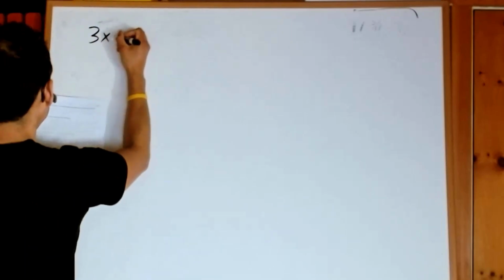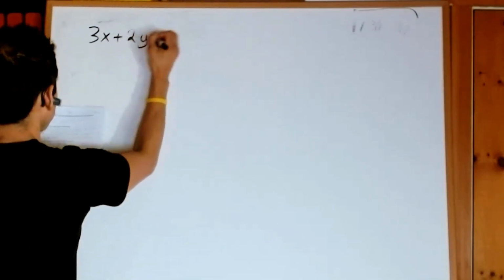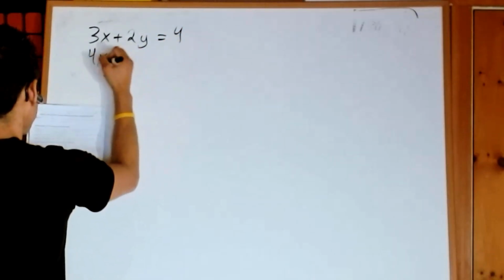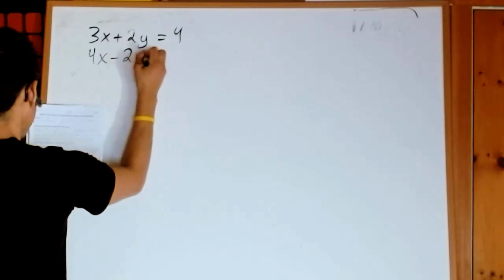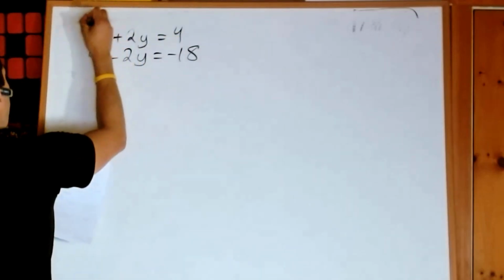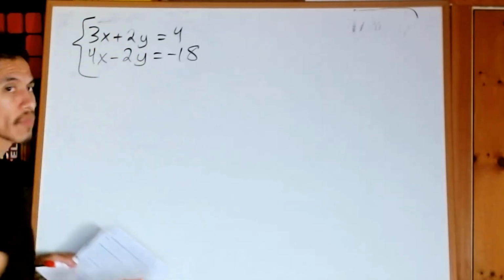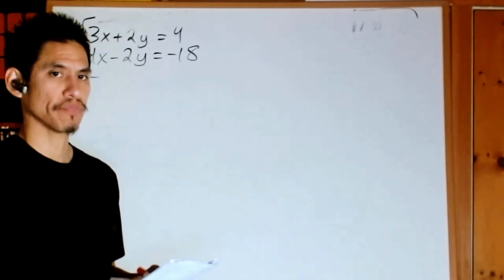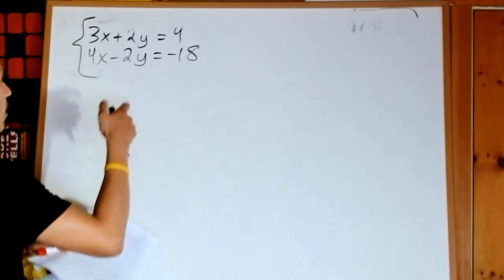So the second one will be 3x plus 2y equals 4. And then 4x minus 2y equals negative 18. And so maybe you want to pause the video and try this first on your own and see if you're catching on to it. But here I go.